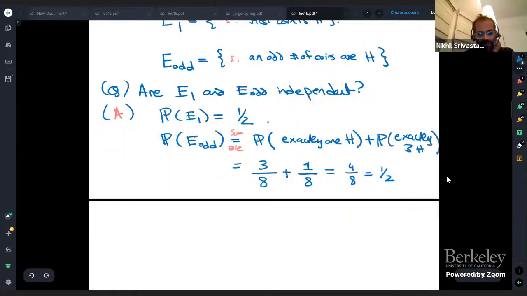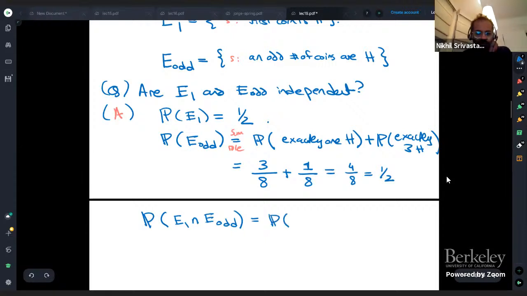Okay, so now to check whether they're independent, I have to check the probability of the intersection. So the probability of E1 and E odd. Well, there are a number of ways to do this.